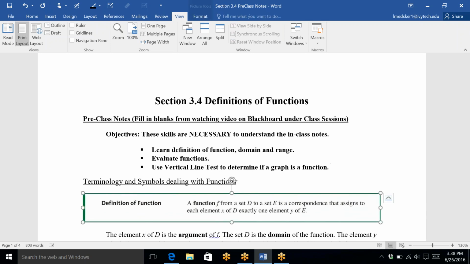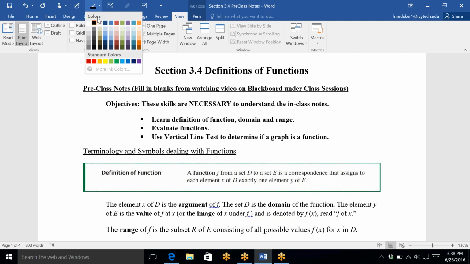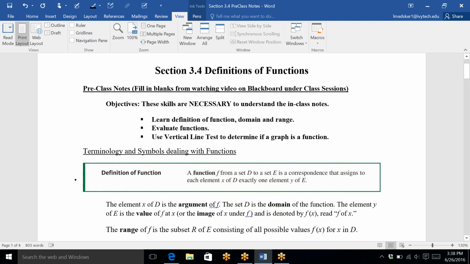A function is essentially an equation. It's the same thing as an equation, except it has a special parameter that general equations don't. It says that each x, and I'm going to reread this in my own words because I don't really like the way that the book describes it, so we're just going to write our own little Metzger's definition of a function.